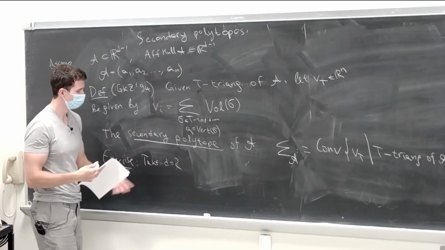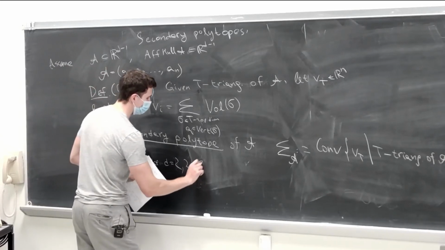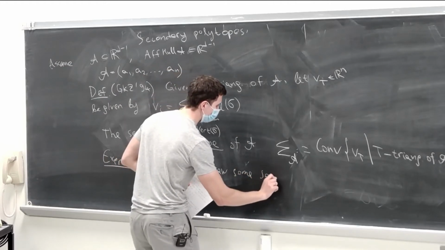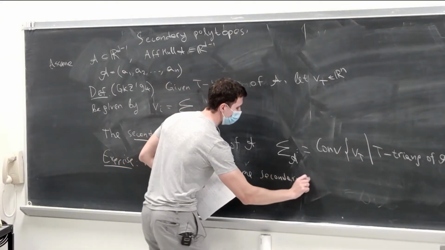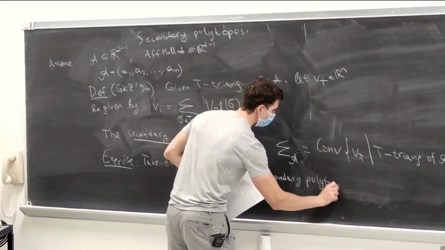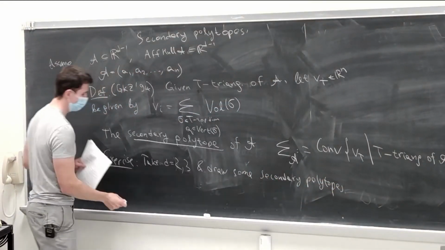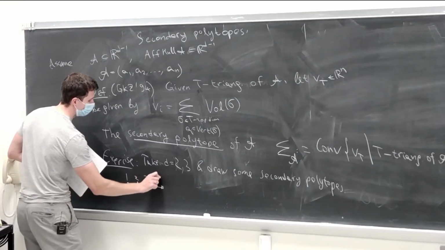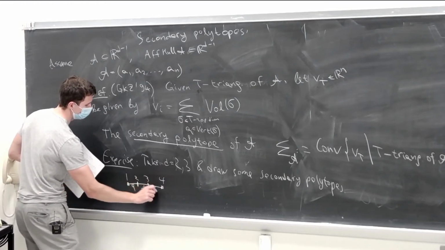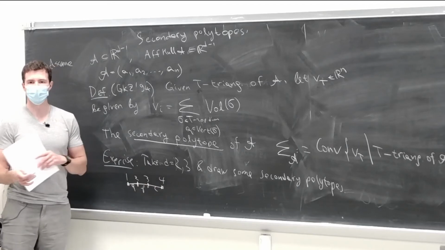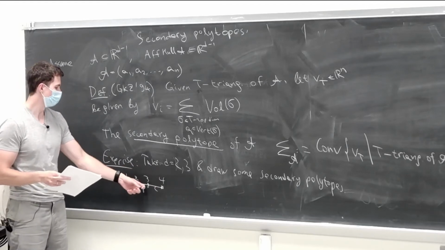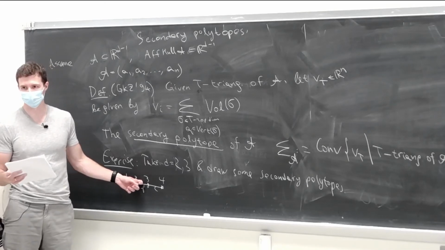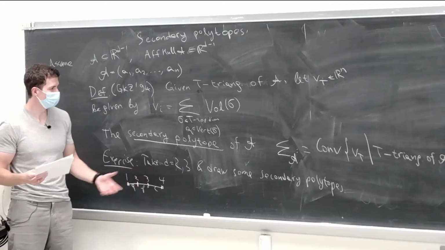So it's nice to play with these examples and draw some secondary polytopes. Maybe you take 4 points, 1, 2, 3, 4 on a line, and then maybe take these to be A, B, and C, and just write down the coordinates of the polytope. This is some sort of a one-dimensional version of the associahedron. These are interesting polytopes.